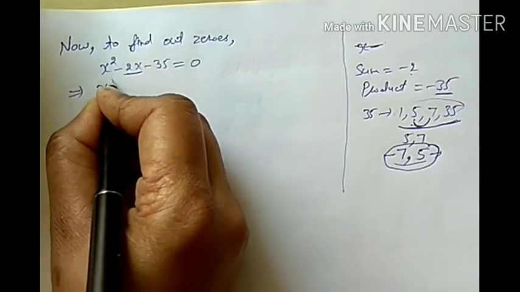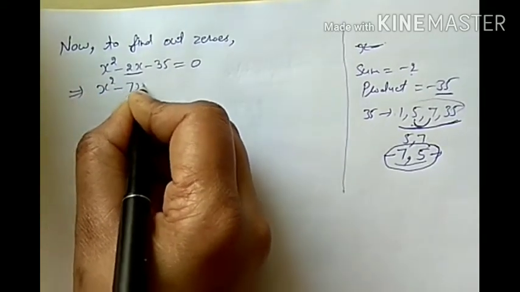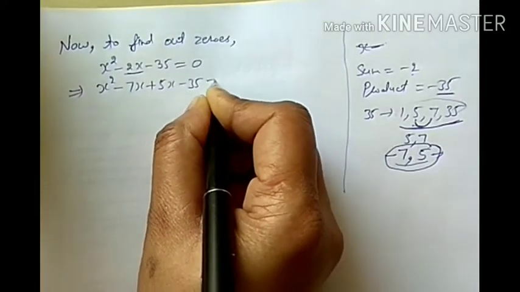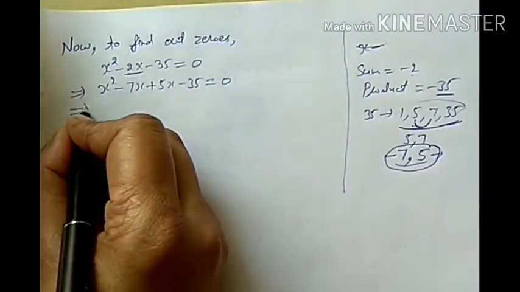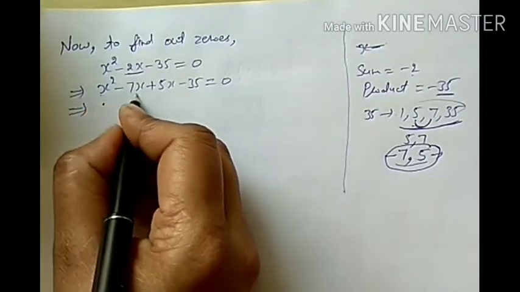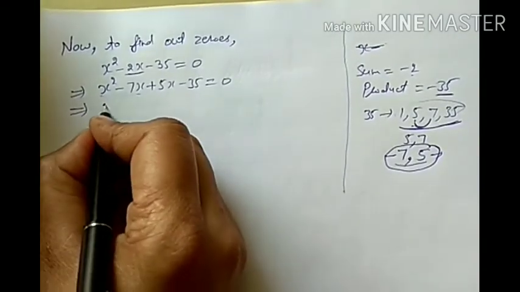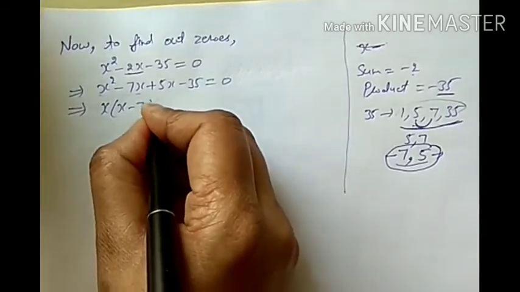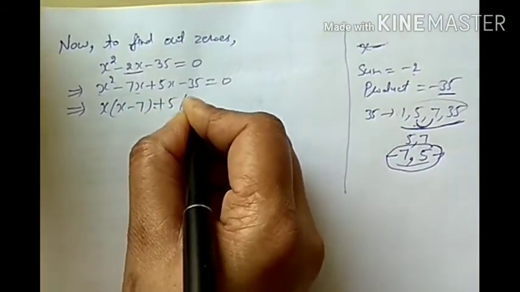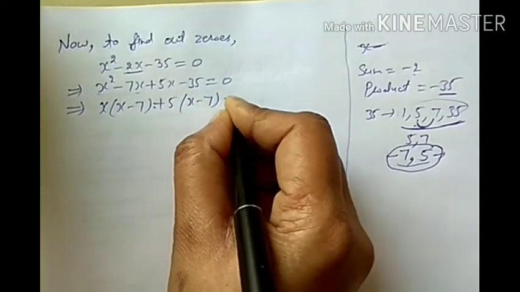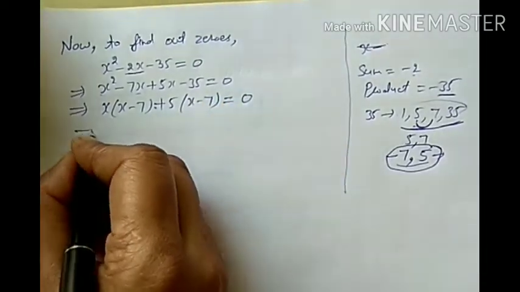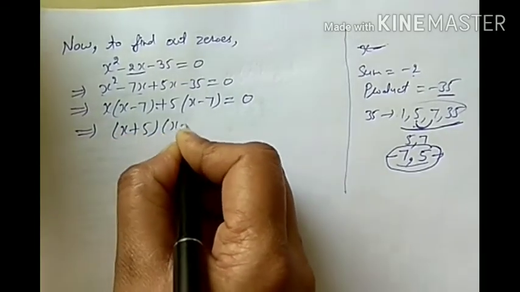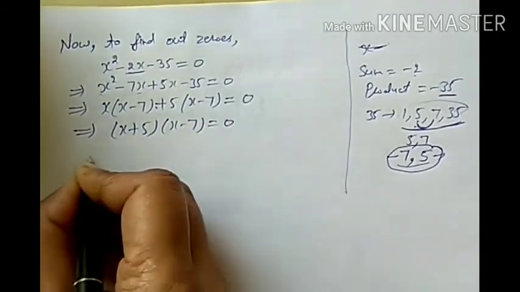So at the place of minus 2x, we will write minus 7x plus 5x minus 35 equal to 0. We can take x common from both terms. X minus 7 will be inside, plus 5 common, x minus 7 inside the bracket, equal to 0. It implies x plus 5 times x minus 7 equals 0.